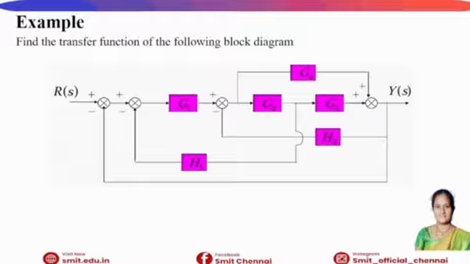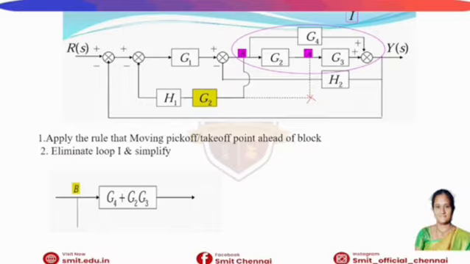We know that the input of the system is denoted as R of S and the output of the system is denoted as Y of S. In a block diagram we have three elements: summing points, blocks, and takeoff or branch-away points. In this problem, in step 1, we move the pick-off point ahead of the block.